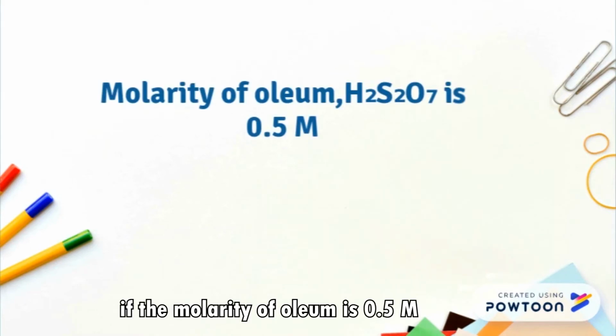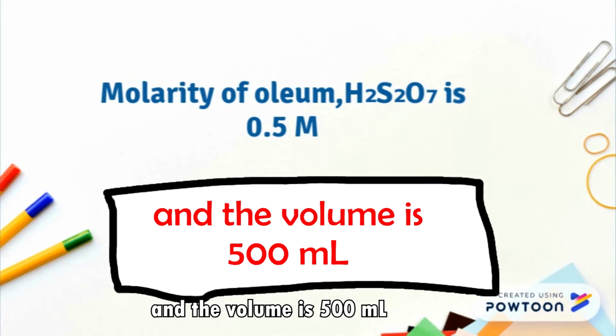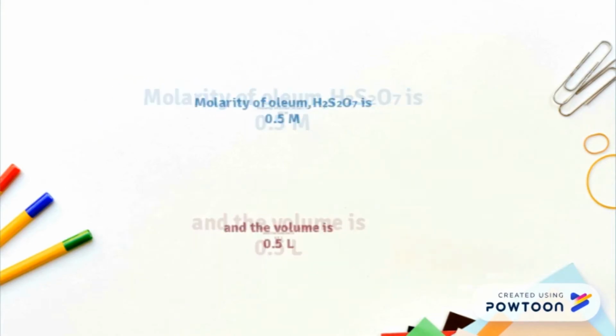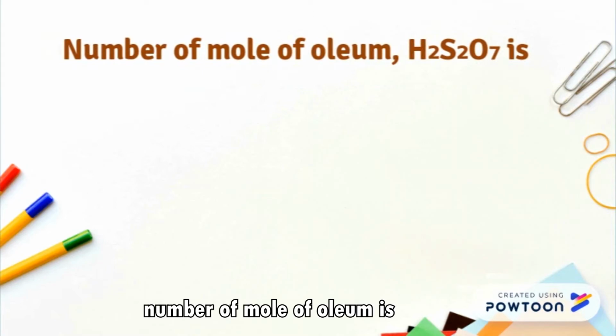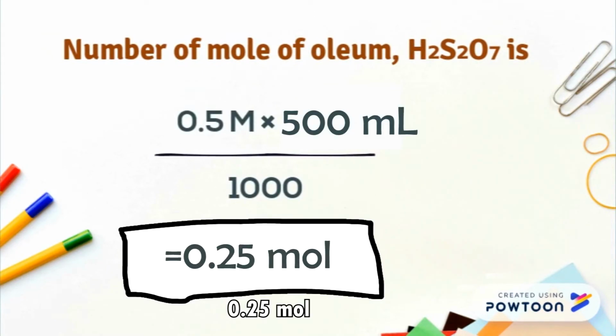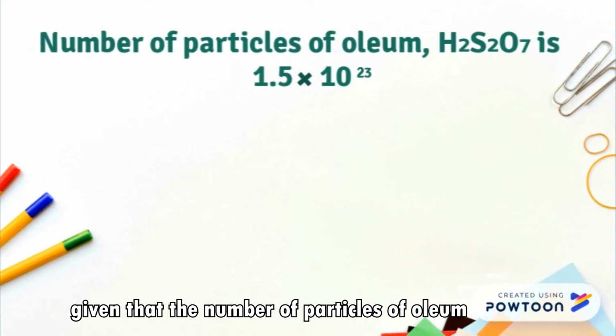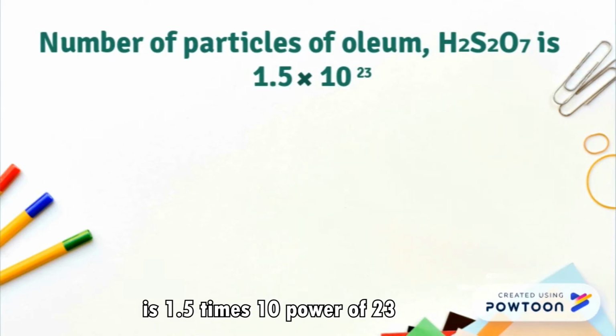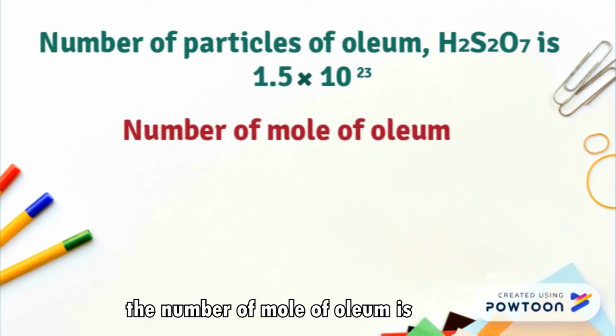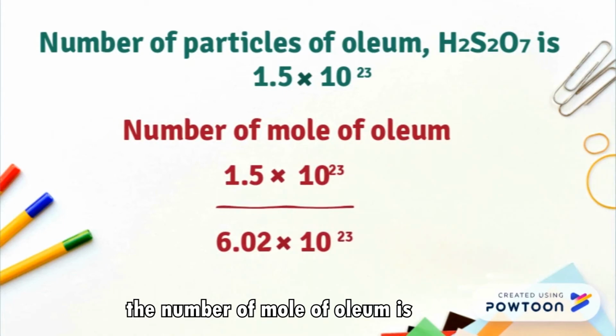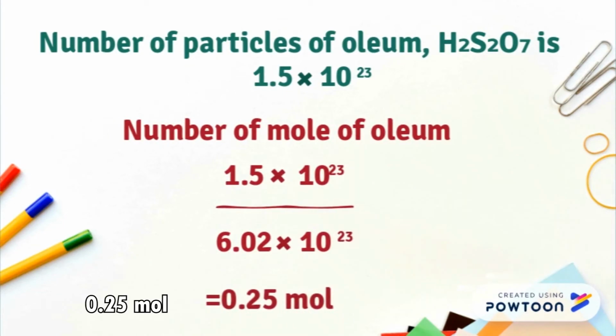If molarity of oleum is 0.5 mole and the volume is 500 milliliter, then number of mole of oleum is 0.25 mole. Other than that, for example, given that the number of particles of oleum is 1.5 times 10 power of 23, then the number of mole of oleum is 0.25 mole.